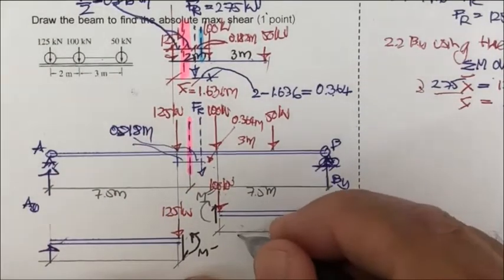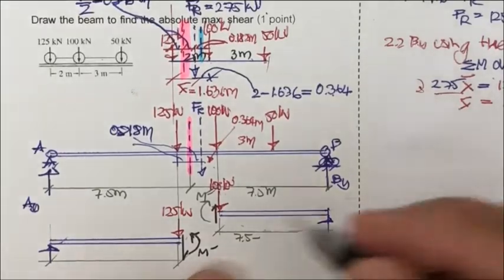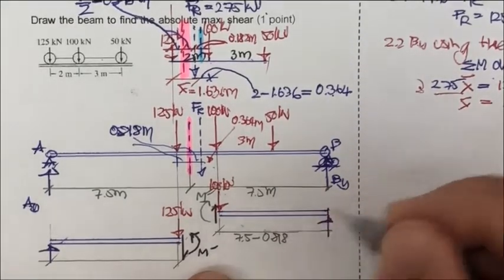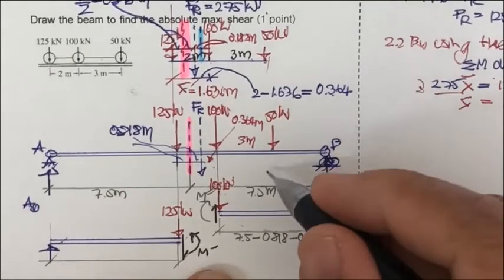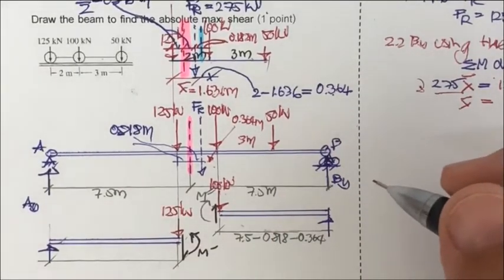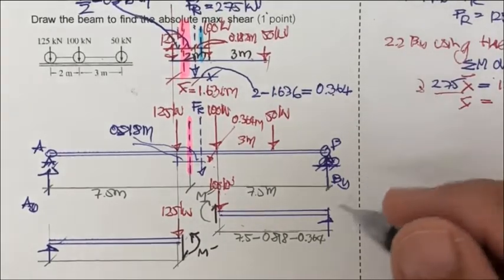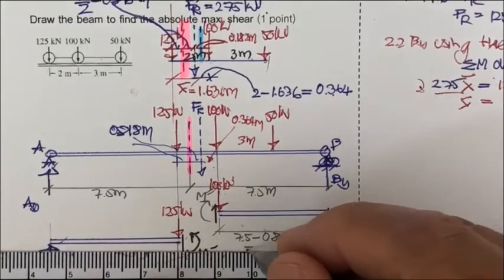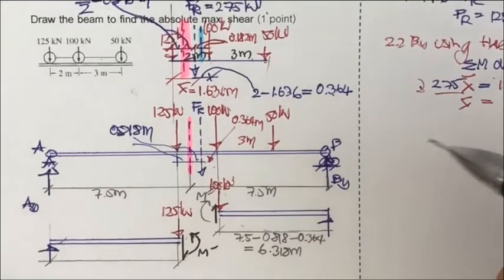So this one is going to be 7.5 minus 0.818 and minus 0.364, and then you have 6.318 meter.